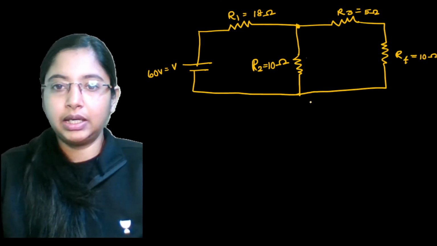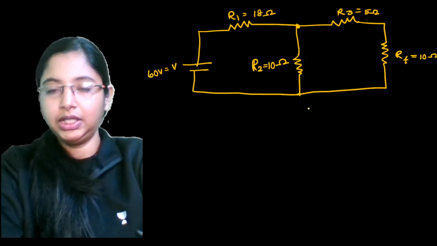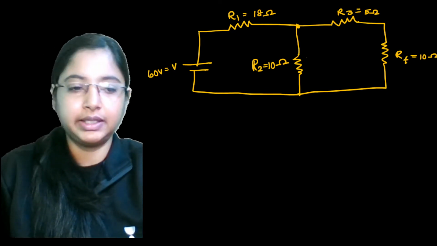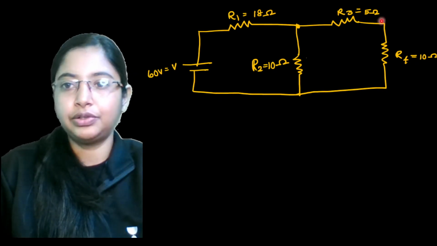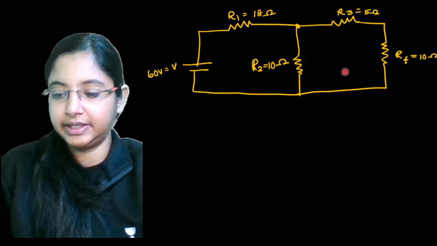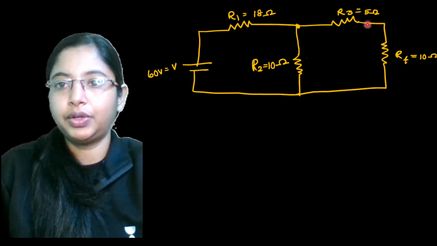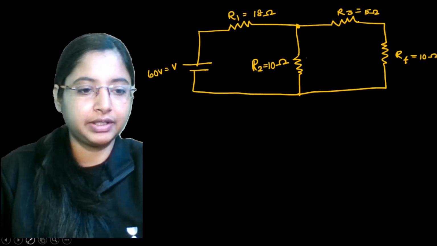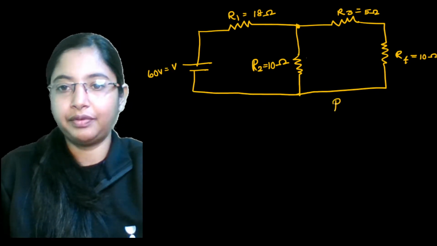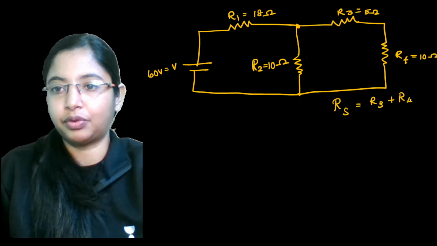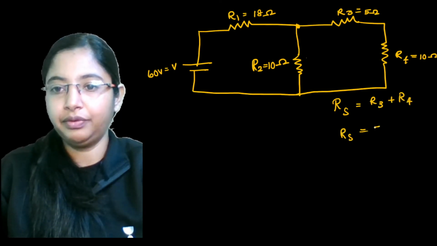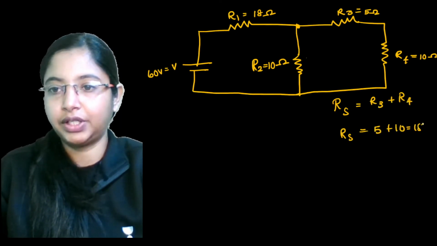Okay, in this case if you see this, these two are in series, right? These two resistors are actually in series over here, right? So you can combine their effective resistance, right? Their effective resistance, if you see in series, will be R3 plus R4, right? So that will be 5 plus 10, that is 15 ohms.